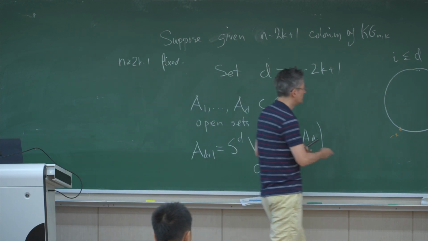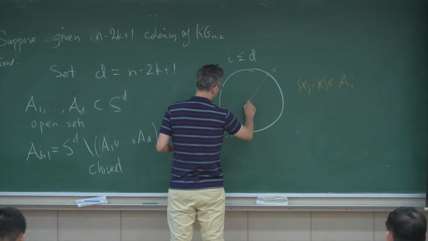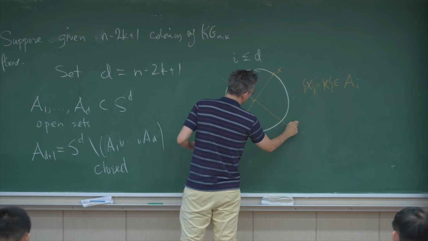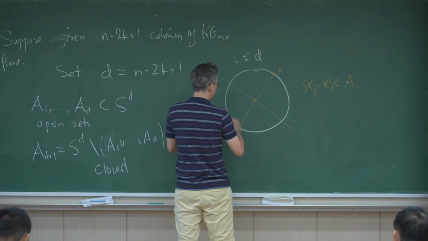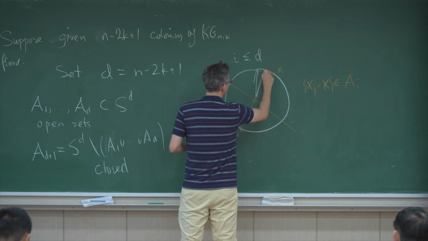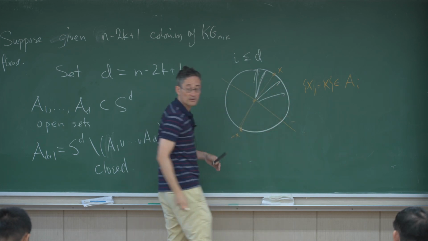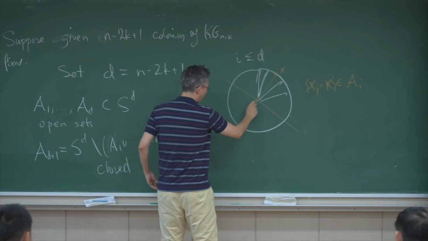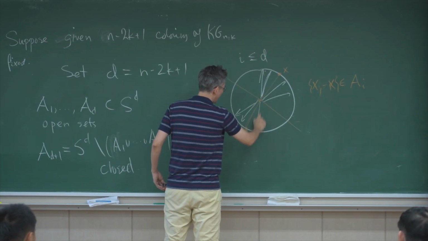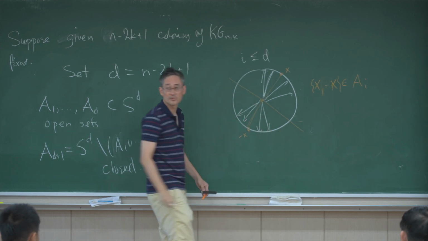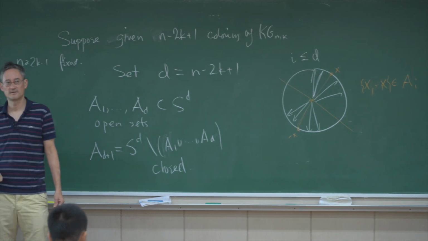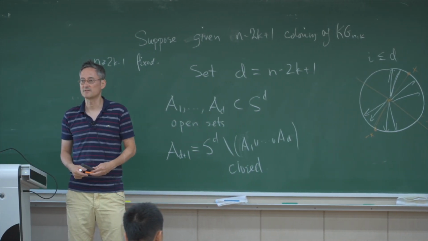Well, what does it mean? Here's the center. It means that this open half space contains a k-tuple of color i, and it also means that this open half space contains a k-tuple of color i. Why is that not possible?